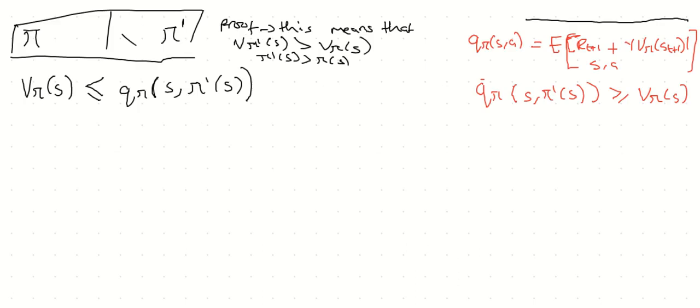But now going to the proof, let's split this even further. We say that this is the expectation of R t+1 plus gamma V pi of S t+1 given S comma A. But what is S and what is A in this case?